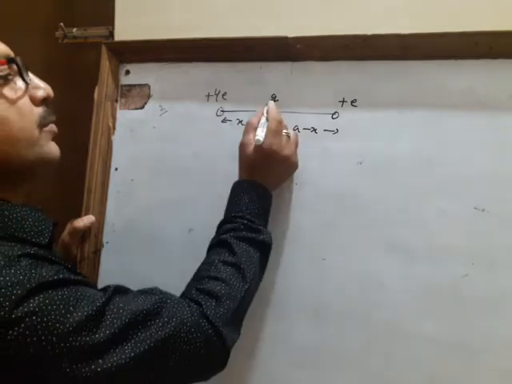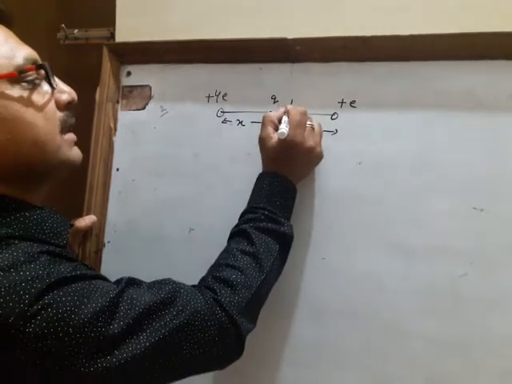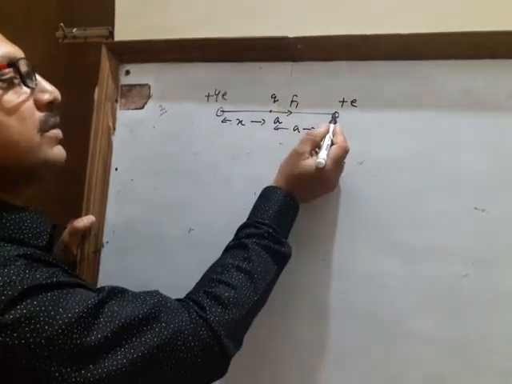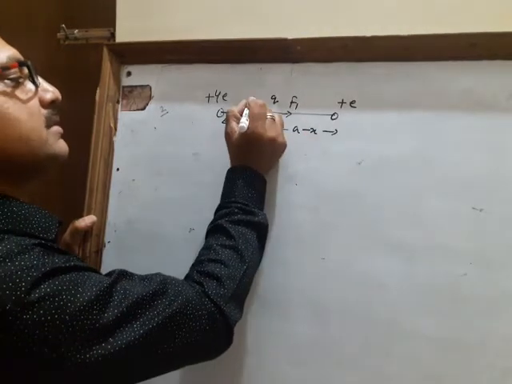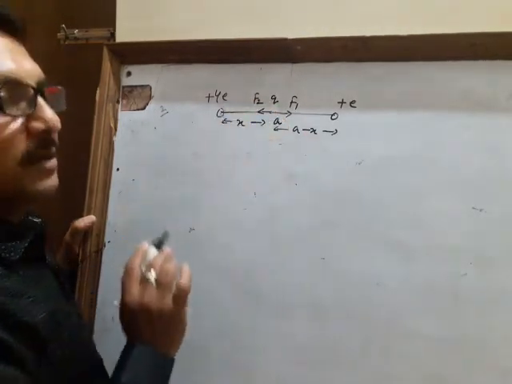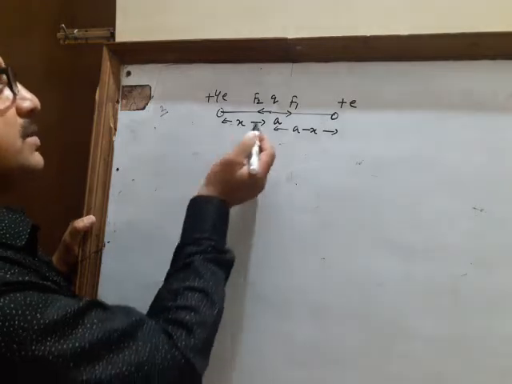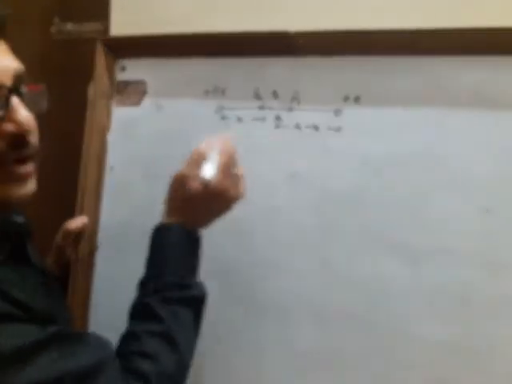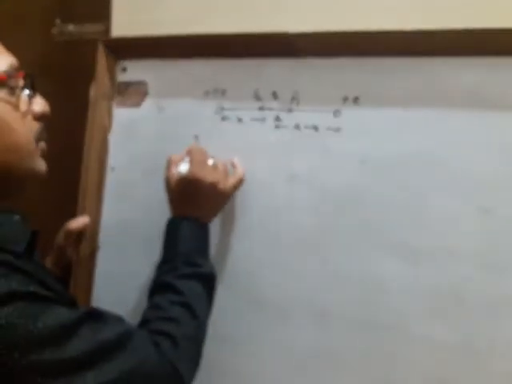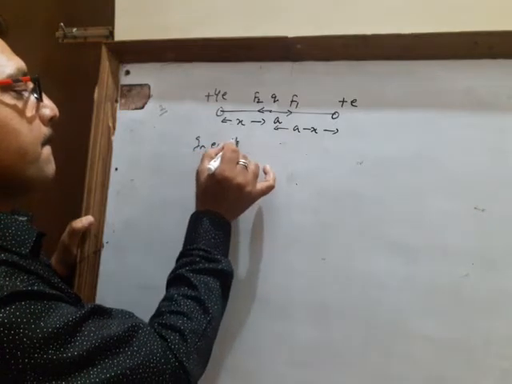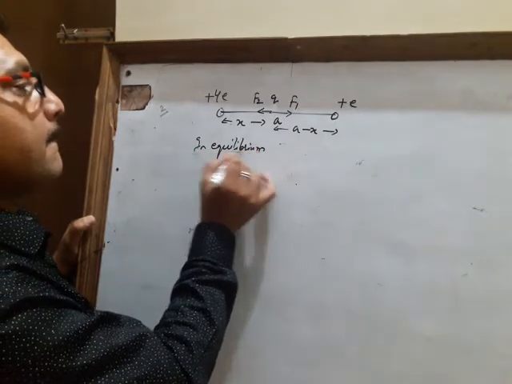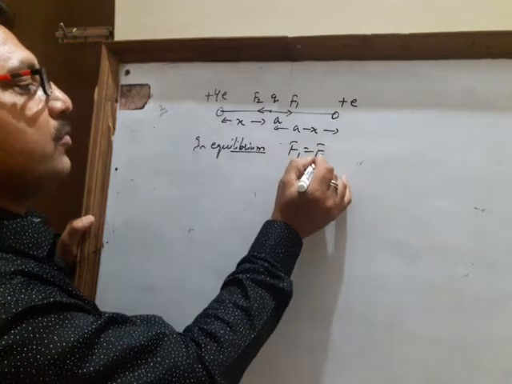Suppose this is plus Q. This is the force which is acting, F1. Due to the other charge, the force acting is F2. Both are equal and opposite, because this point is the point of equilibrium. So in equilibrium, F1 is equal to F2.